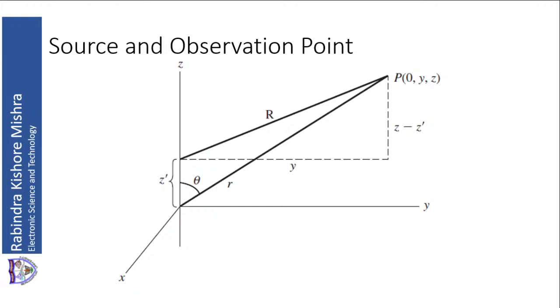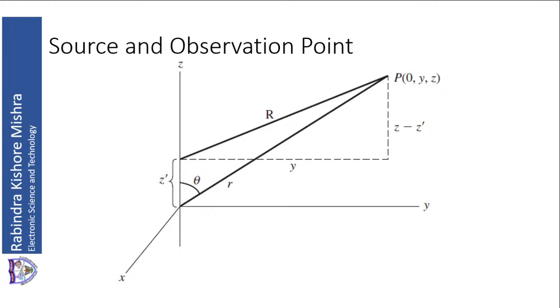Now, that observation point has a position vector small r, which is its distance from the origin, and capital R is the distance of the observation point from a point z dash on the z axis.